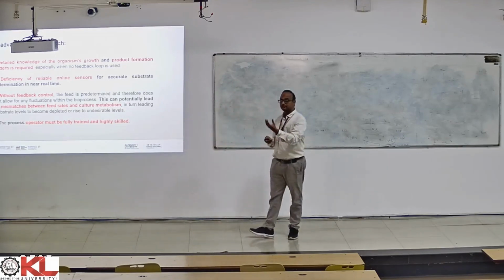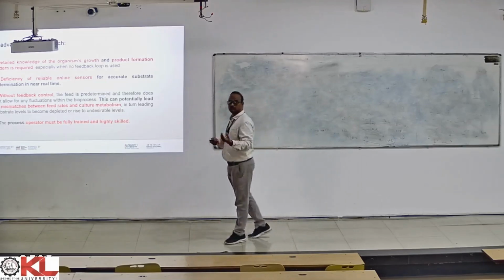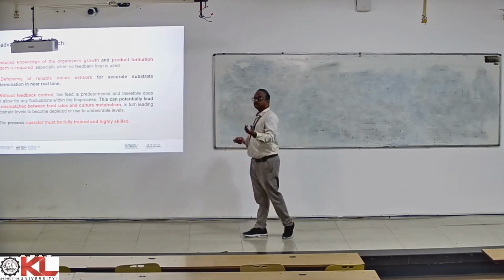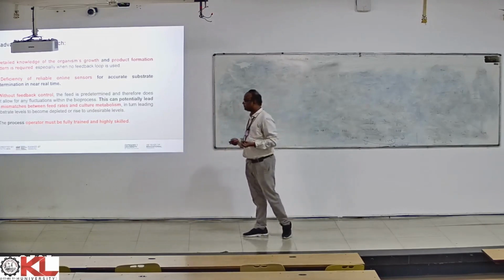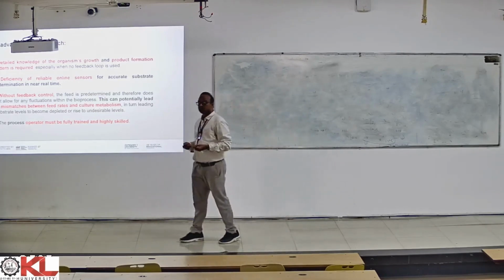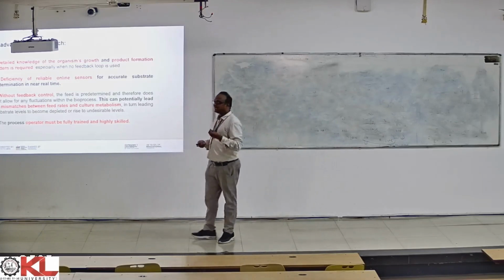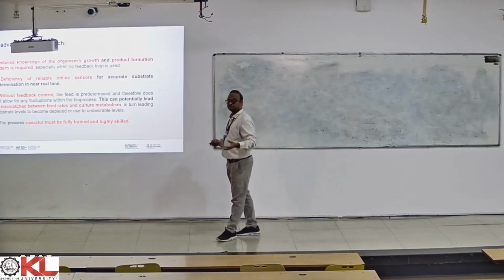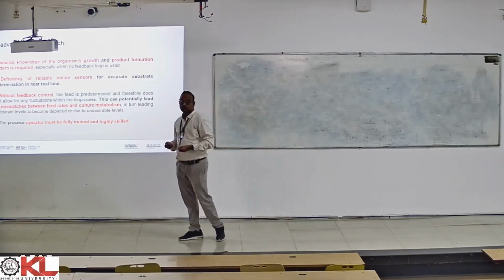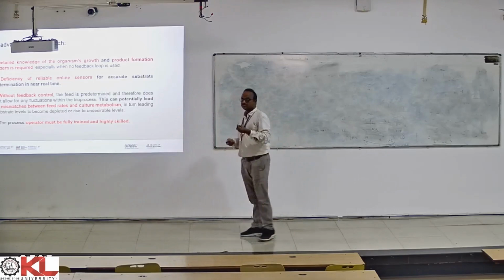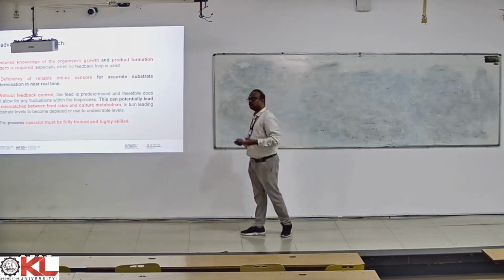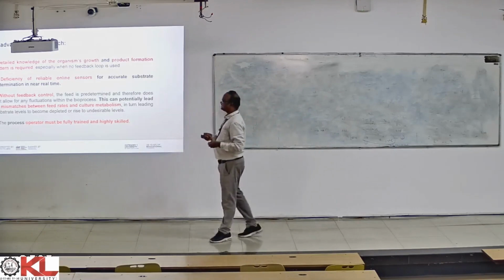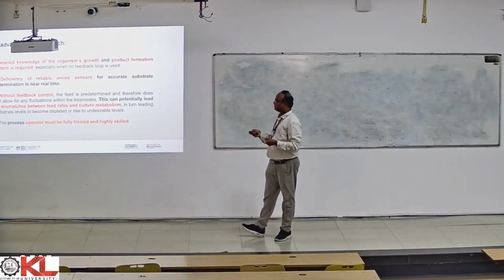We need to take a sample out of the bioreactor and manually calculate the biomass levels with the help of analytical tools. There are no reliable online sensors which can directly give data on carbon sources, nitrogen sources, or biomass levels inside the bioreactor. That is one major disadvantage of the fed batch system.